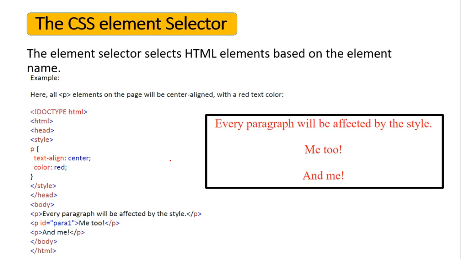All right, here we have the CSS element selector. Let's see an example. The element selector selects HTML elements based on the element name.